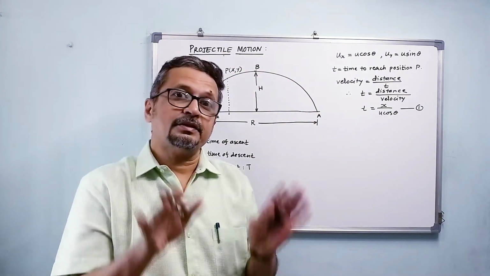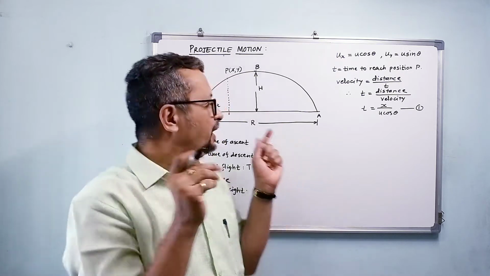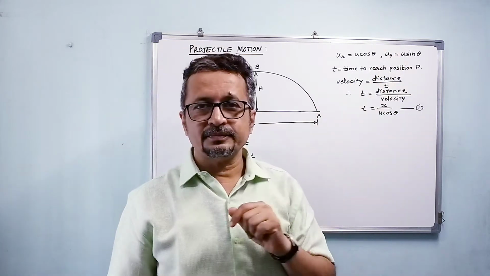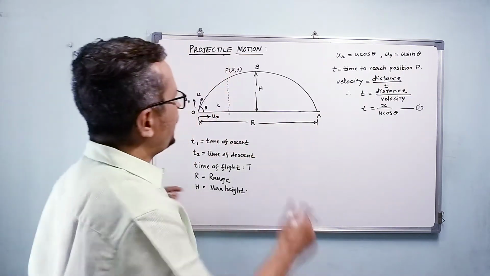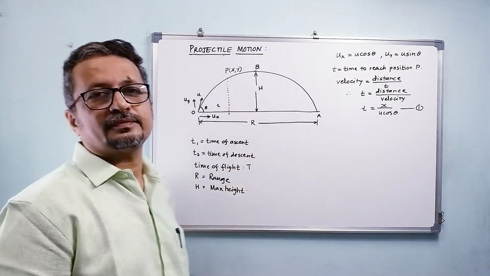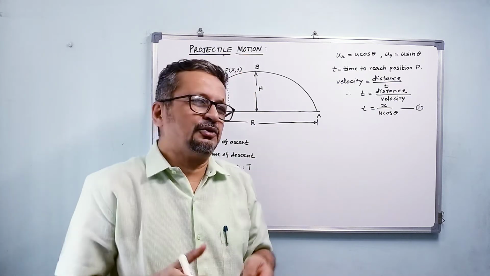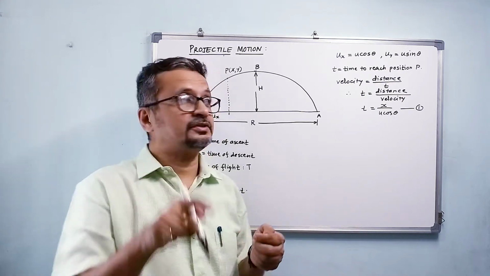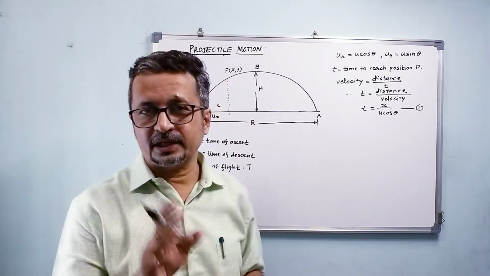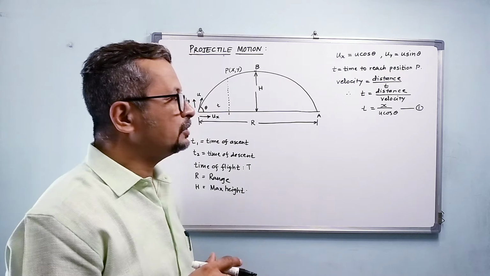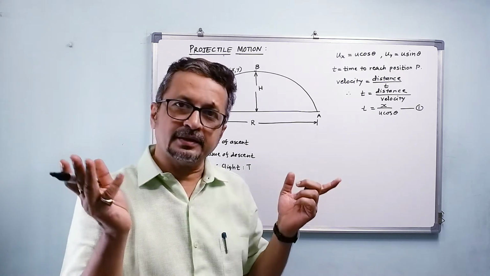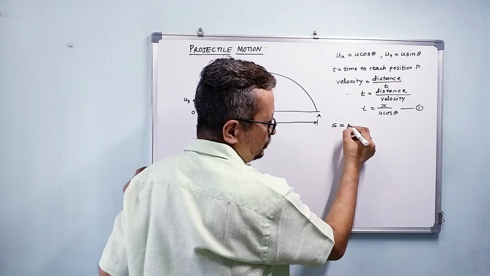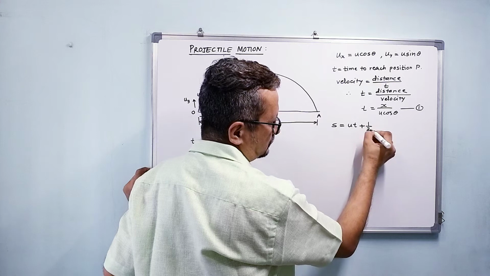Now let us go to vertical motion. My initial vertical velocity is u sin theta. The vertical velocity over here I don't know, and I don't even want to calculate it. I am interested in vertical displacement. So for displacement, let us use the second kinematic equation, S is equal to ut plus half at square.